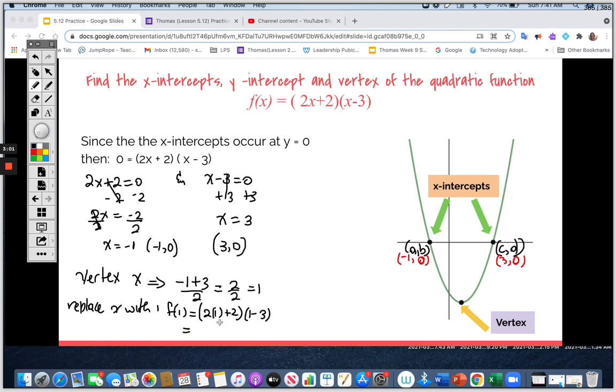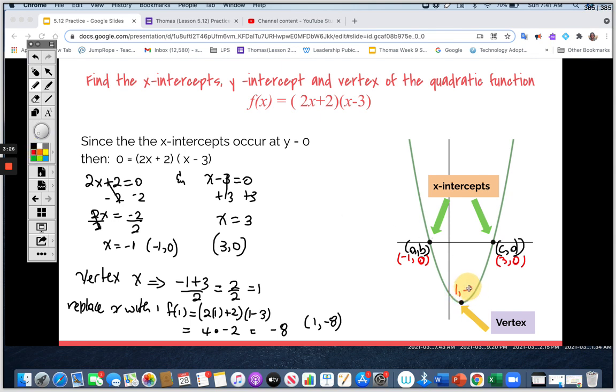That's 2 + 2, that is 4, times 1 - 3, that's negative 2. So that's going to be equal to negative 8. So my vertex will have coordinates (1, -8). So that's going to be my vertex right here.